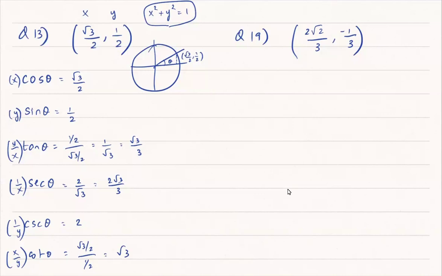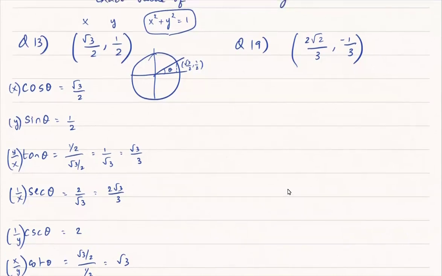All right. So the next point given again is on the unit circle. So again, you know that it is going to satisfy x squared plus y squared is 1. So the value of the radius is 1. Now that being the case, again, cosine theta is nothing but the x value. Sine theta is nothing but the y value.